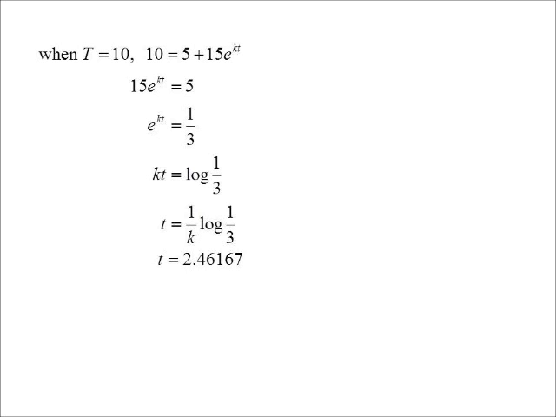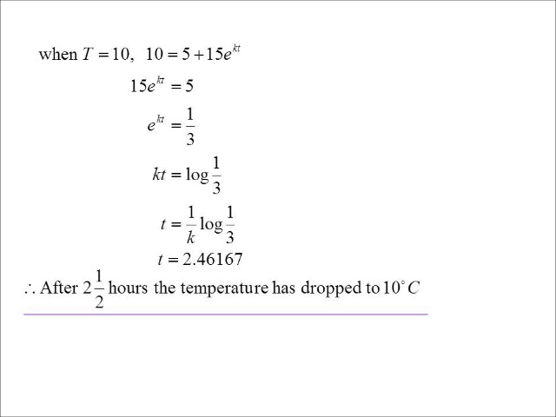Substituting in, I get 2.46167. So after about 2.5 hours, the temperature drops to 10 degrees Celsius. So basically the same idea, but we've just extended it a bit now to take into account the external conditions.